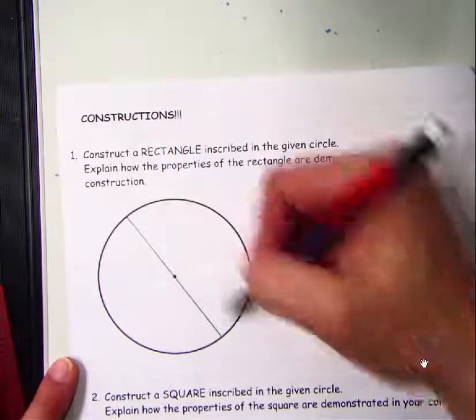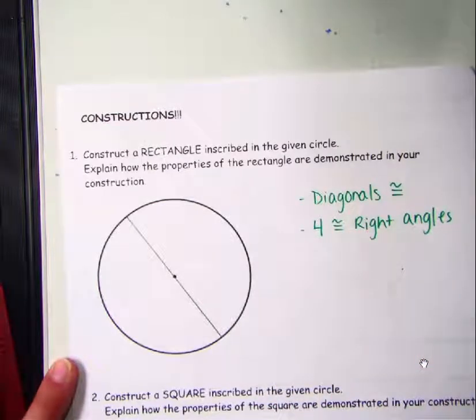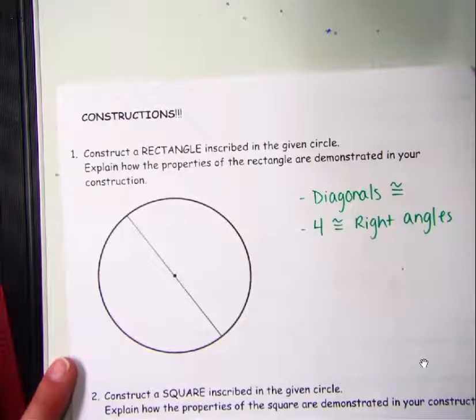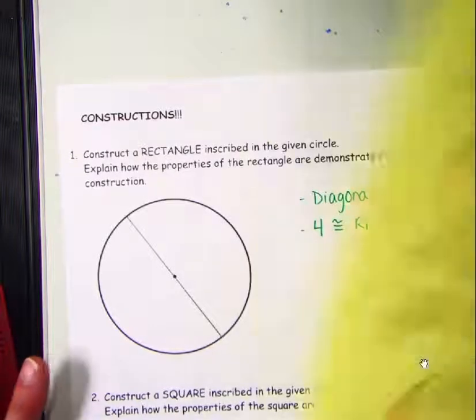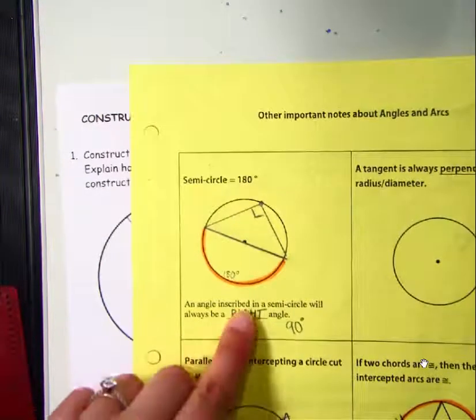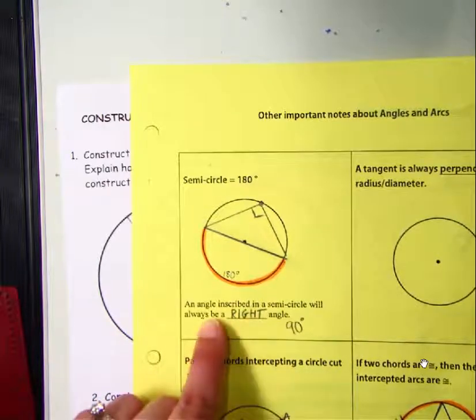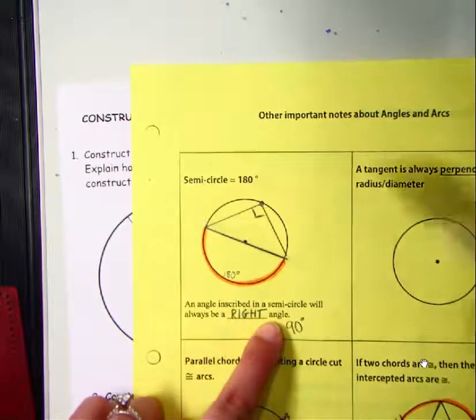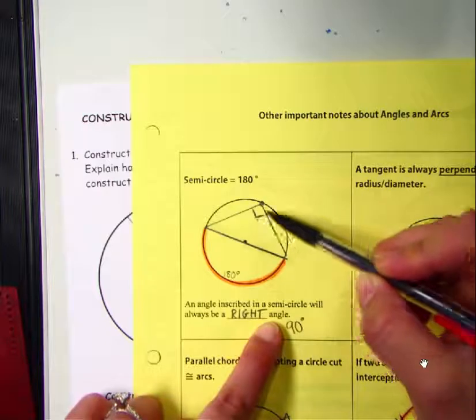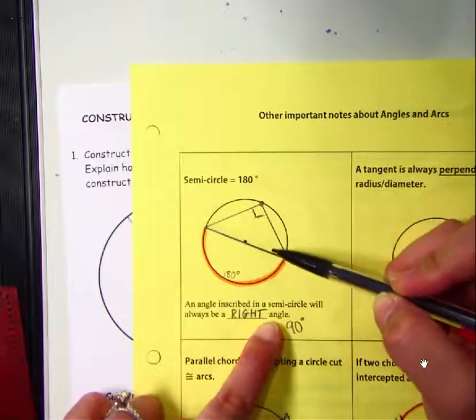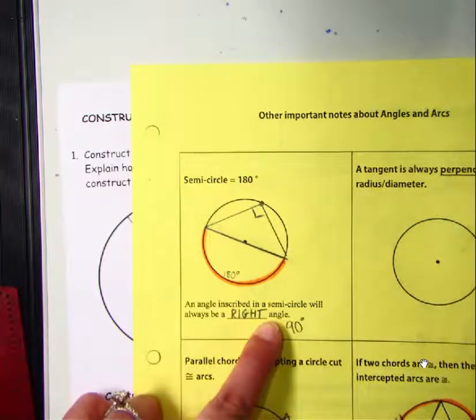You're also getting a diagonal for your rectangle. The second part of this construction, you have to remember something off of our reference sheet. An angle inscribed in a semicircle will be a right angle. So what we're going to do is make this right angle. That's going to be one of the right angles for my rectangle.